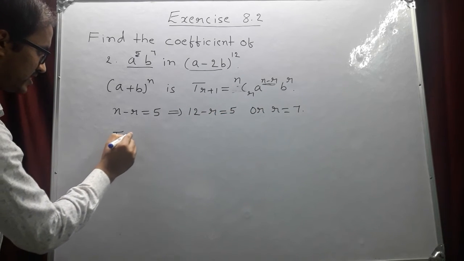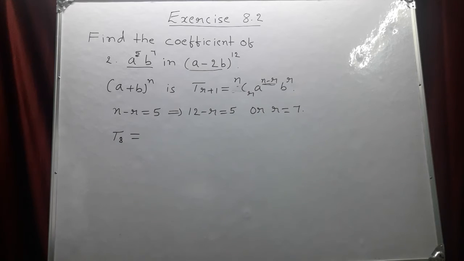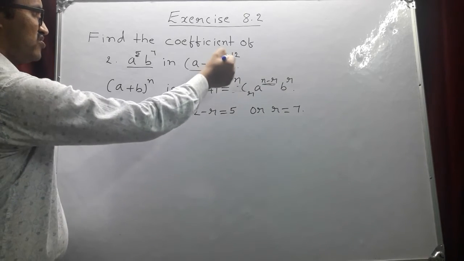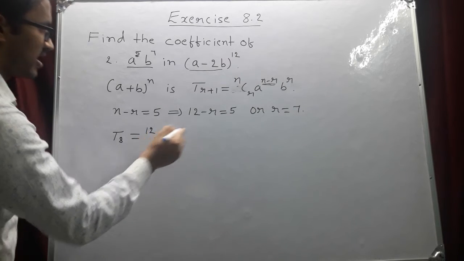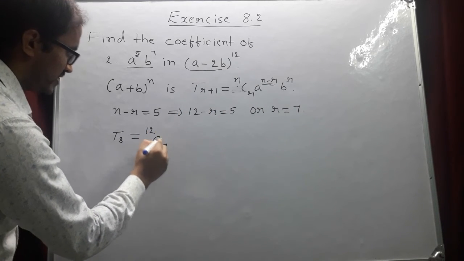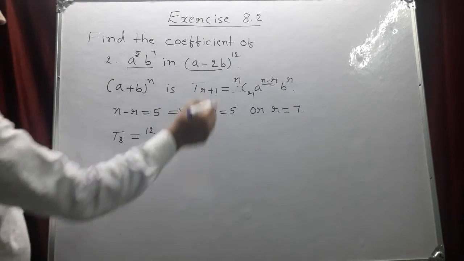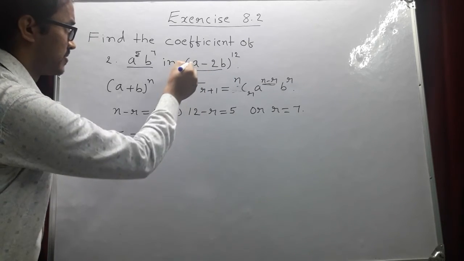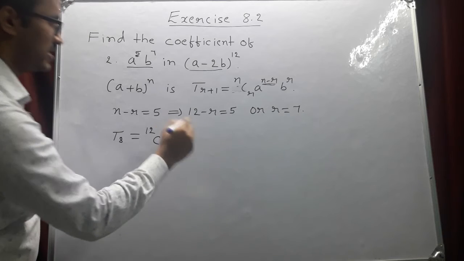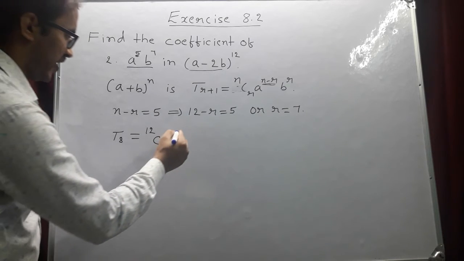So t8 equals nCr, n value is 12, r value is 7, 12C7, a power n minus r, that is a power 5.